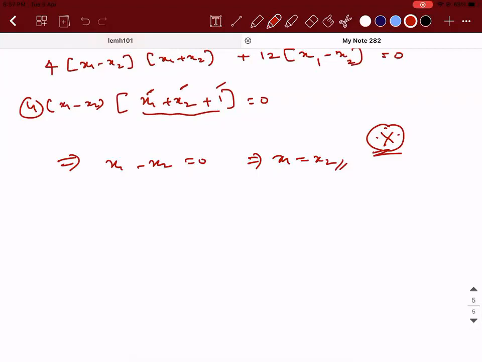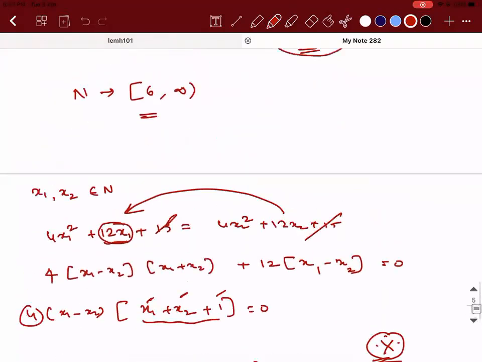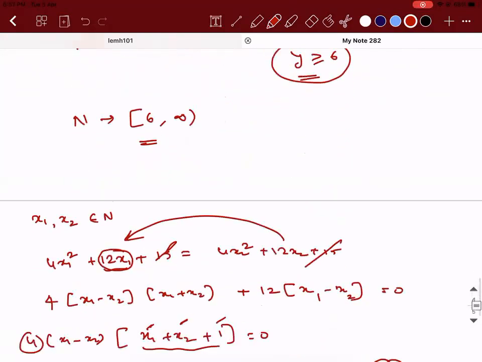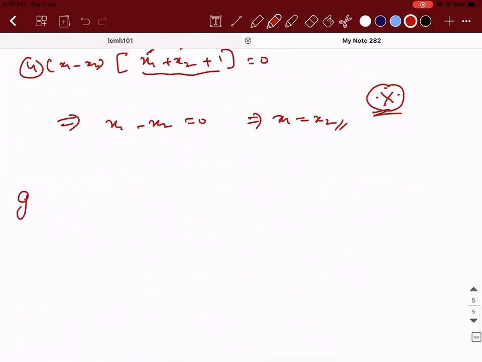Now you need to find the inverse of that function. How do you find it? For the inverse of the function, I told you, go to the g of y. So what is g of y? Minus 12 plus or minus root of 16y minus 96, divided by 8.